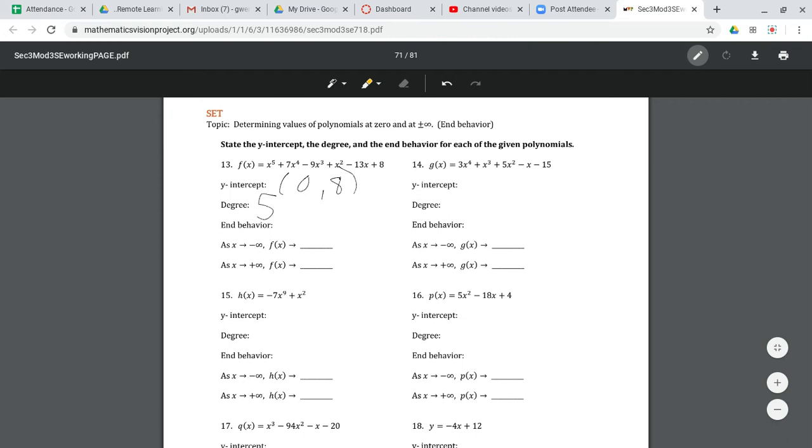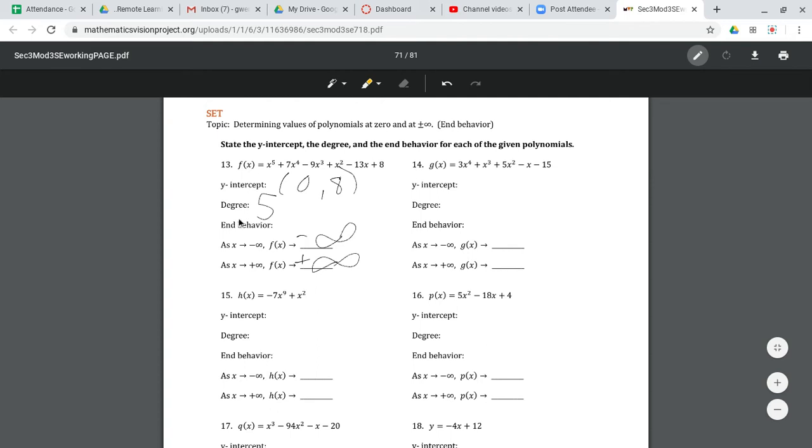Odd degrees will always alternate going from negative to positive. So this will be to negative infinity. This will be to positive infinity. Now, this would be flipped if we had a negative on our x to the 5th term, but we don't. So that's why it's from negative infinity to positive infinity.